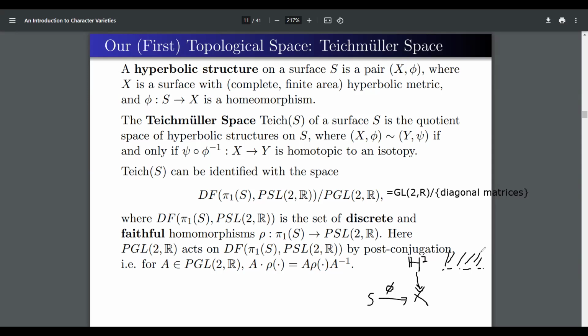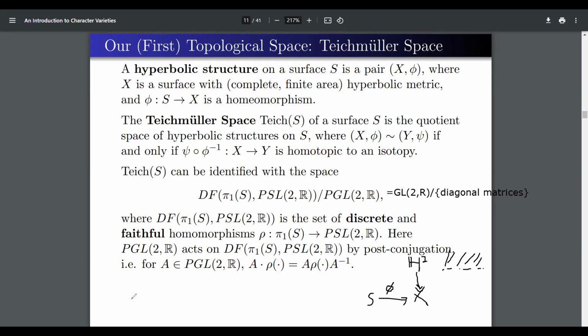You can embed it in R2 or C if you like. And this has a very natural hyperbolic structure on it, and it covers all hyperbolic metrics on surfaces or subsets of the hyperbolic half plane.